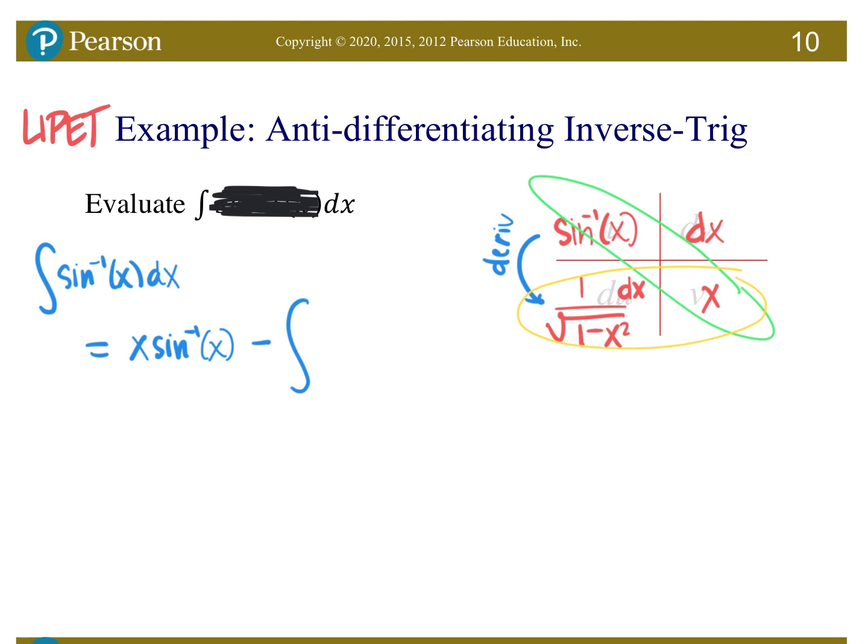Now, what do you notice doesn't happen? Nothing reduces. So what I'm left with is an x numerator, a square root denominator, and a dx. But Mrs. Pfeiffer promised that every single integral at the end is possible to work out. So how do we work it out?